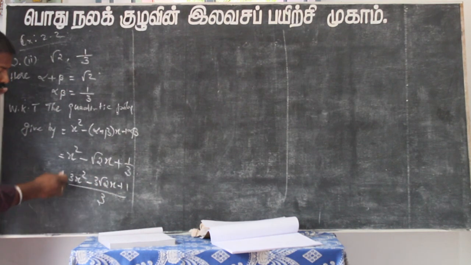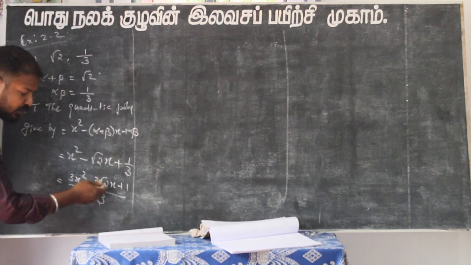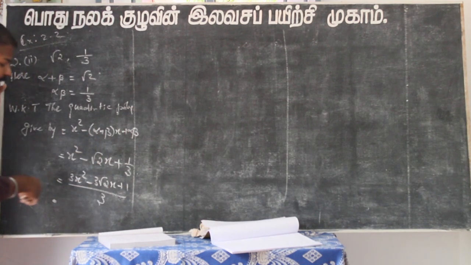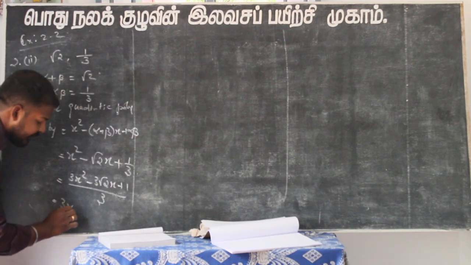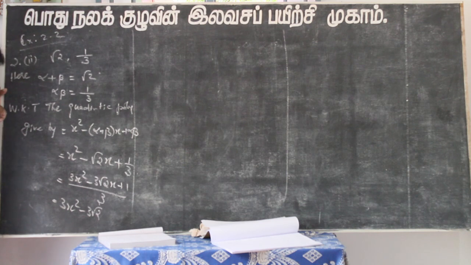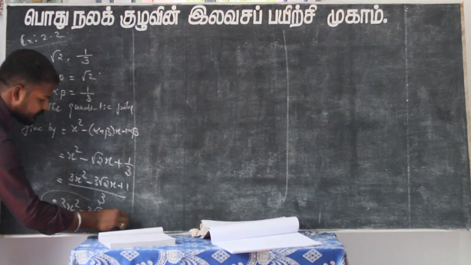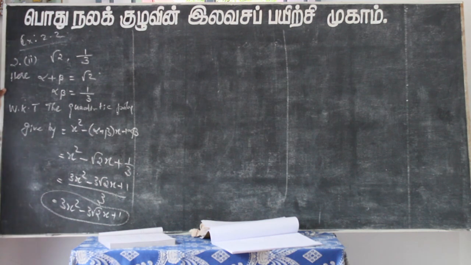We can take 3 outside, that is your constant k, so you can ignore the constant term. Remaining you will get 3x square minus 3 root 2 x plus 1. This is your required quadratic polynomial.